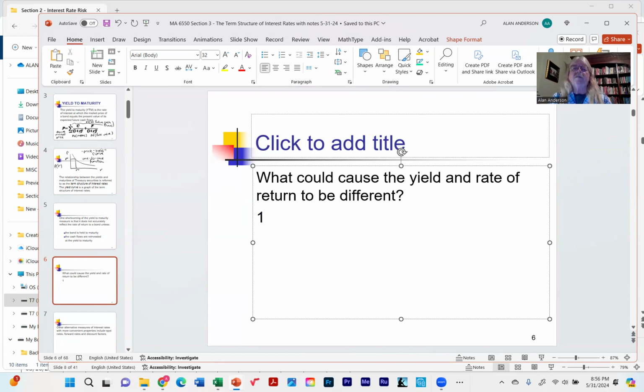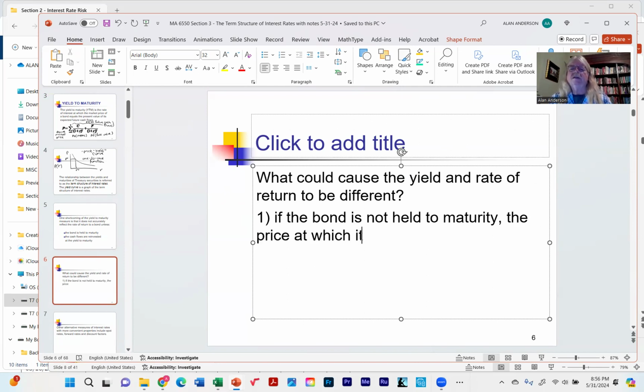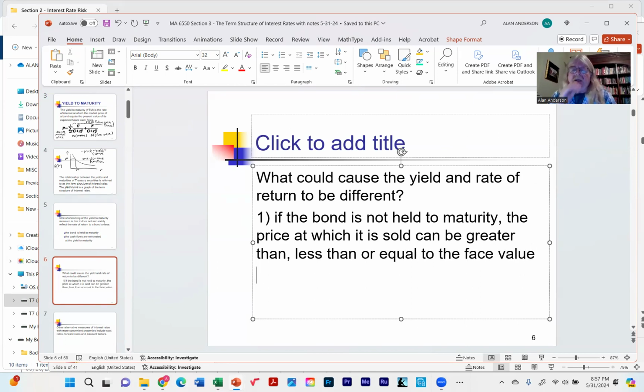Well, number one, if the bond is not held to maturity, the price at which it is sold can be greater than, less than, or equal to the face value. Now, if it's different than the face value, that's of course going to affect your rate of return. The yield to maturity assumes that you're holding it to maturity and receiving the face value.